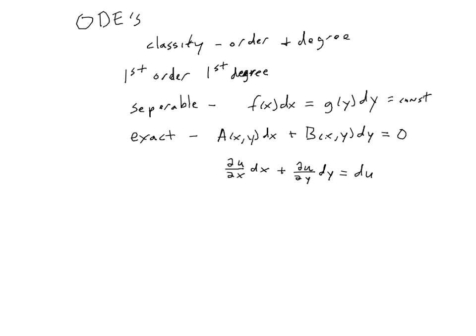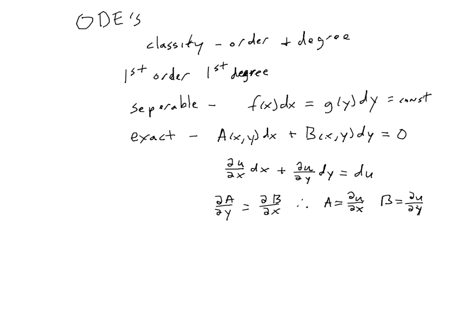There's a certain symmetry there. If partial a with respect to y equals partial b with respect to x, and therefore a equals partial u with respect to x, and b equals partial u with respect to y.